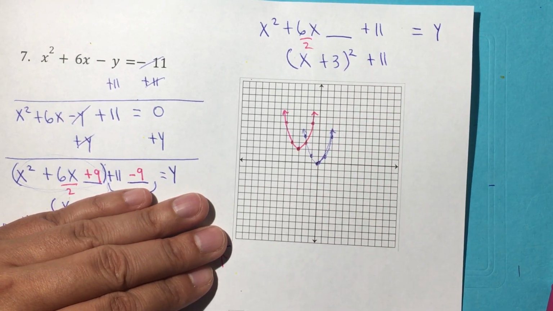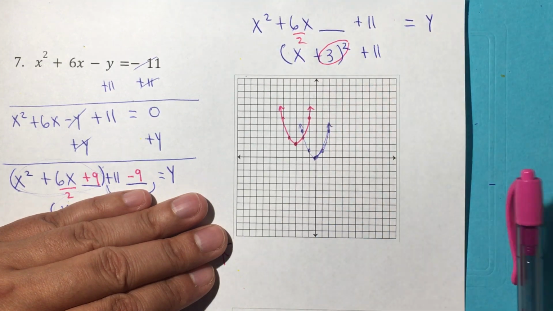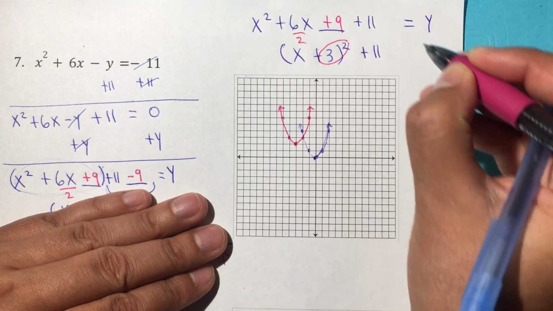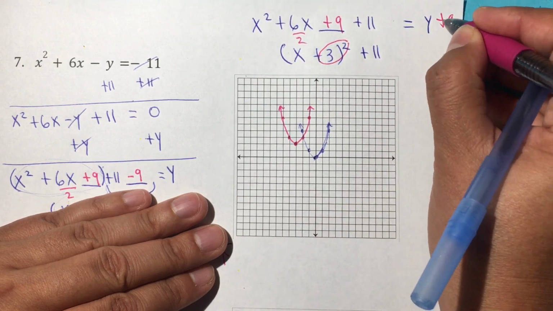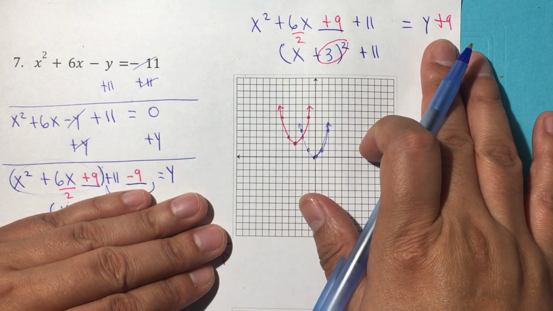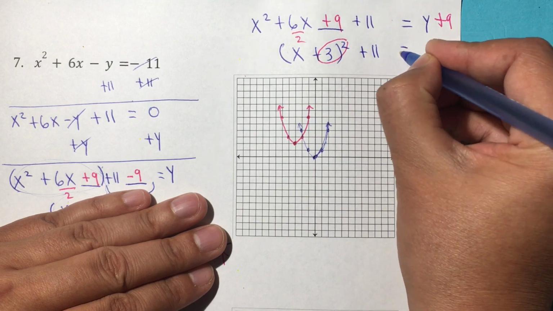Or actually, I shouldn't put it yet. And then if I add this, 3 to the second power means 9, so I add 9 in here, and I add 9 on the other side. Remember that whatever you add on one side, you have to add to the other side, okay, to maintain the equality.